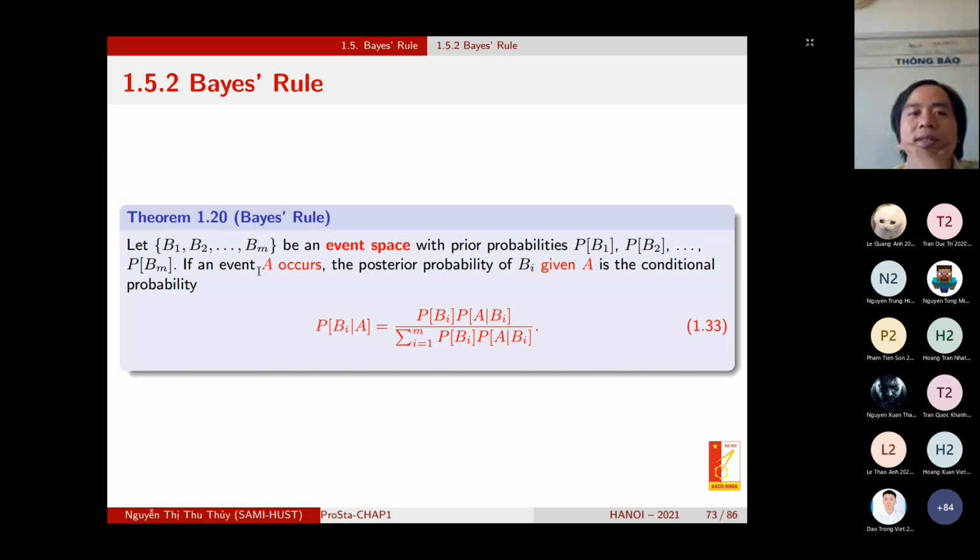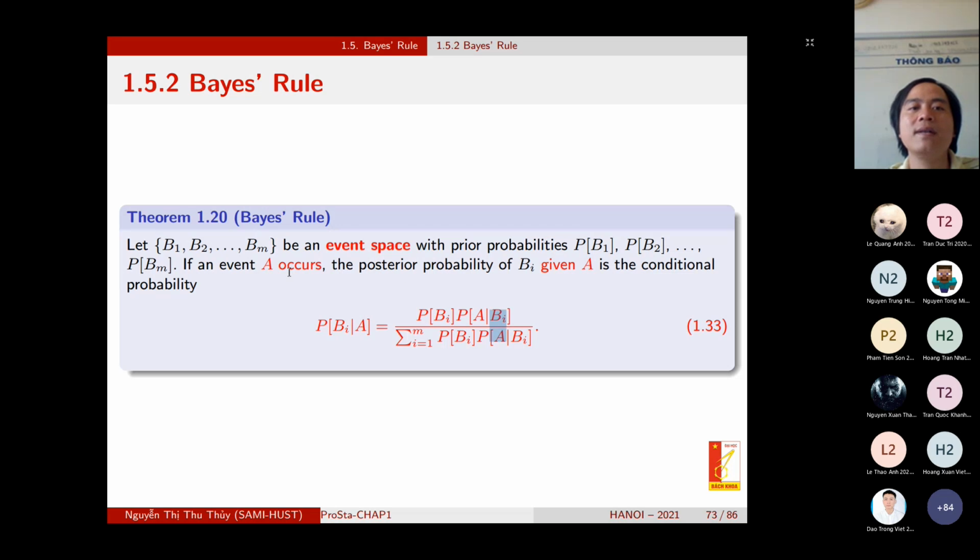So in case we have an event space B1 to Bm, at the beginning we know the probabilities of B1, B2, Bm. That is prior information. And we know the probability of observing A given Bi. We know all those prior probabilities.